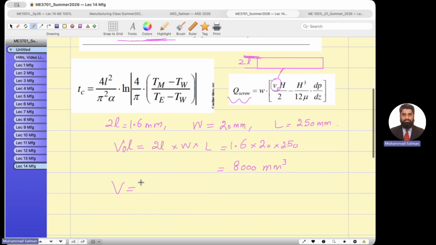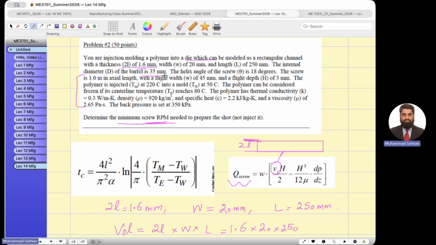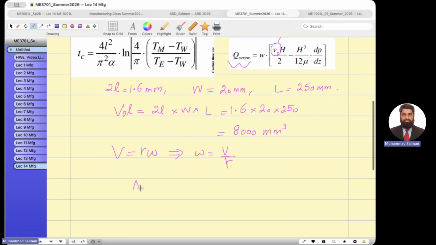If I find omega, which is equal to V over R, and R is the radius of the barrel, which is 35 millimeter in diameter, then omega equals 2 pi N over 60. So N equals 60 times omega over 2 pi. I'm going to use these formulas later to find out RPM.